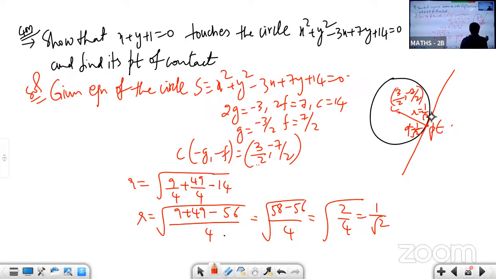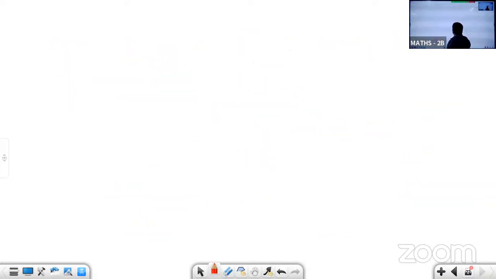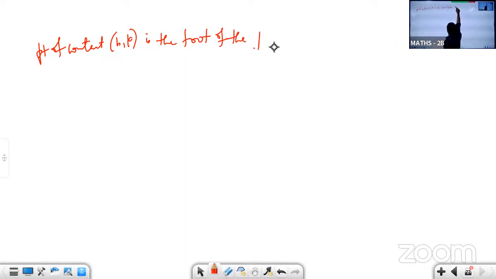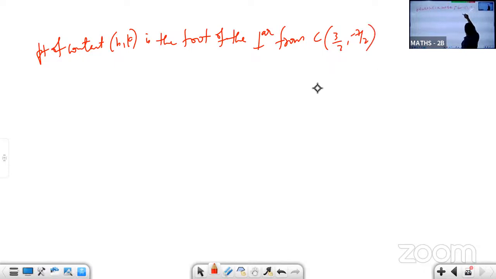Let the point of contact be h comma k. It is the foot of the perpendicular from the center, which was 3 by 2 comma minus 7 by 2, to the tangent x plus y plus 1.